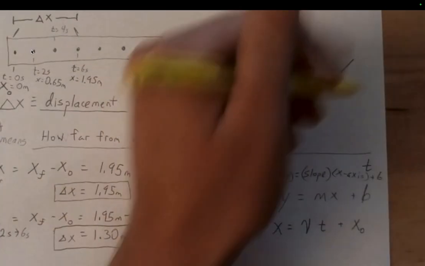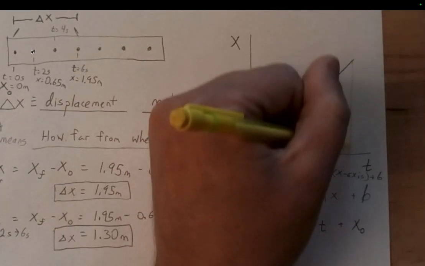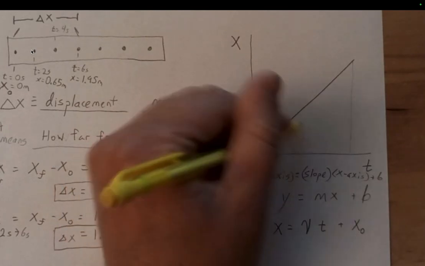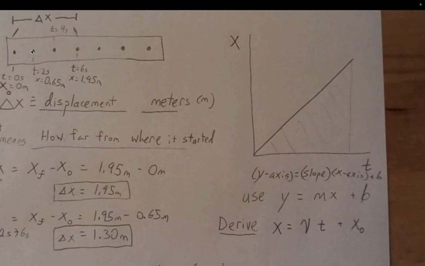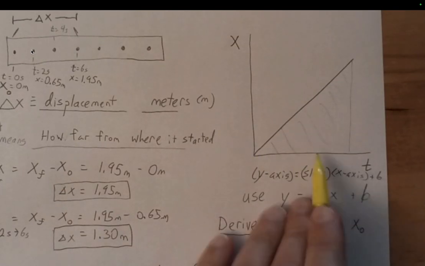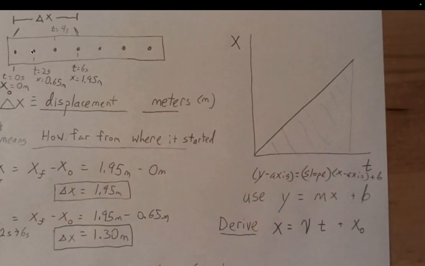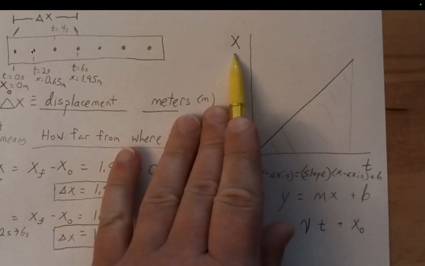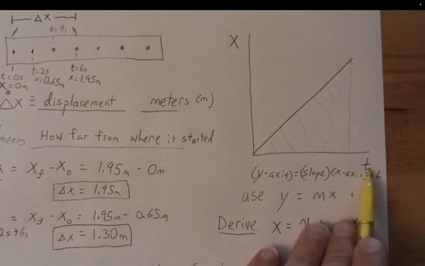Now, if I'm talking about an area, what we do to get an area of a graph is you shade in below the line to the horizontal. So then we're going to take what we have on the y-axis and multiply it by what we have on the x-axis.